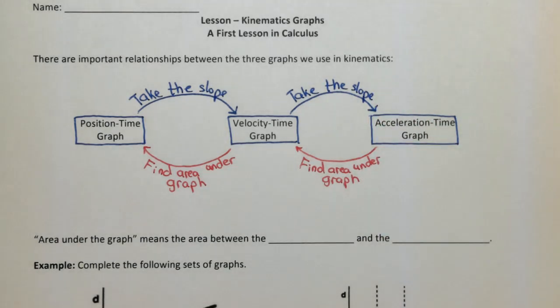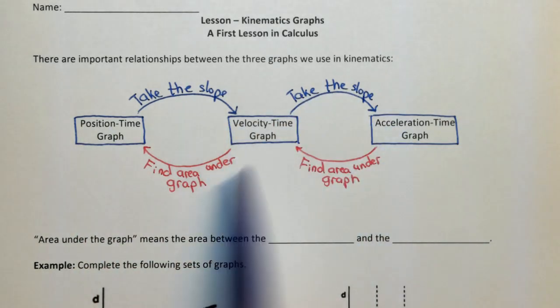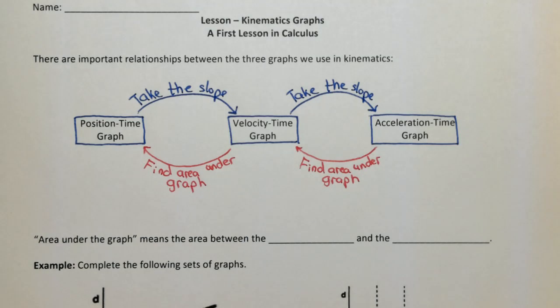That's why I call this a first lesson in calculus, because we're looking at slopes and areas, and how we can go one way using a slope and the other way using an area. We're not going to actually have to use any calculus today, so don't worry. We're not going to be learning university level math. But the ideas we're working with today are some of the same ideas used in calculus.